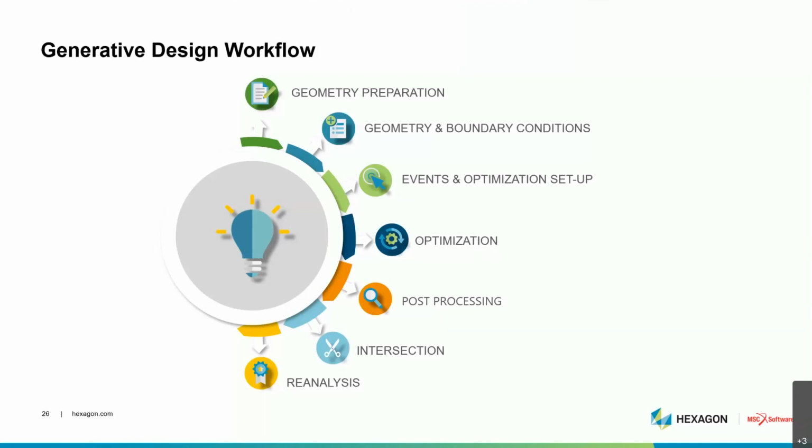For example, put in the stresses. After that, we can just go ahead with the optimization and have a live view in our post-processing. For the result, we just need an intersection to go after the process to have very defined non-design spaces. And of course, if you want to verify the part, you can do a reanalysis with Nastran. This is also possible in a workflow. We are working on a direct workflow for this as well.